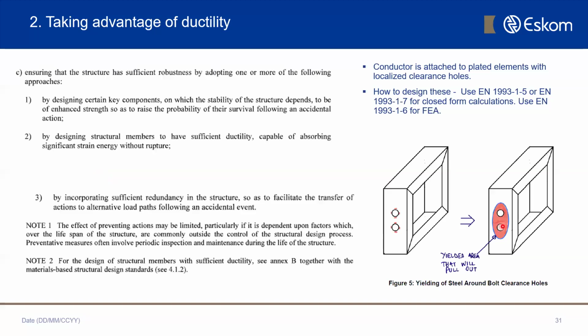So, our basic problem in the structure, apart from the buckling of compression elements, is at the location where your conductor is attached. As load is applied, the area around where the conductor is attached will start yielding, and with time, this yielding can result in pull out of the conductor, which is something we want to prevent.